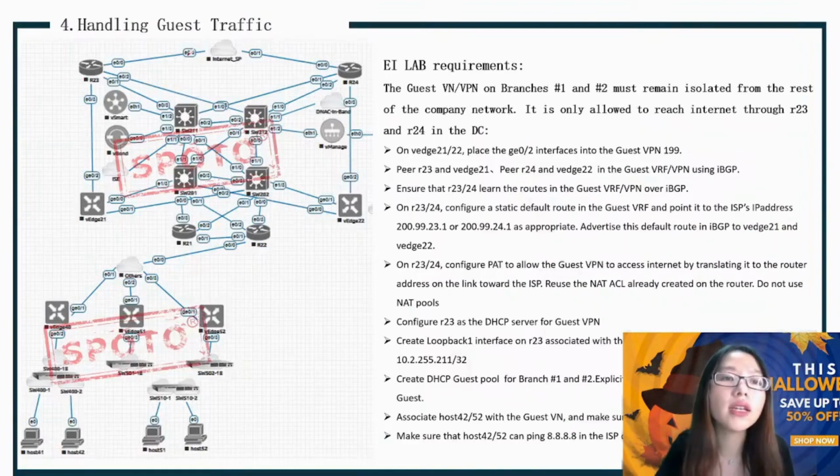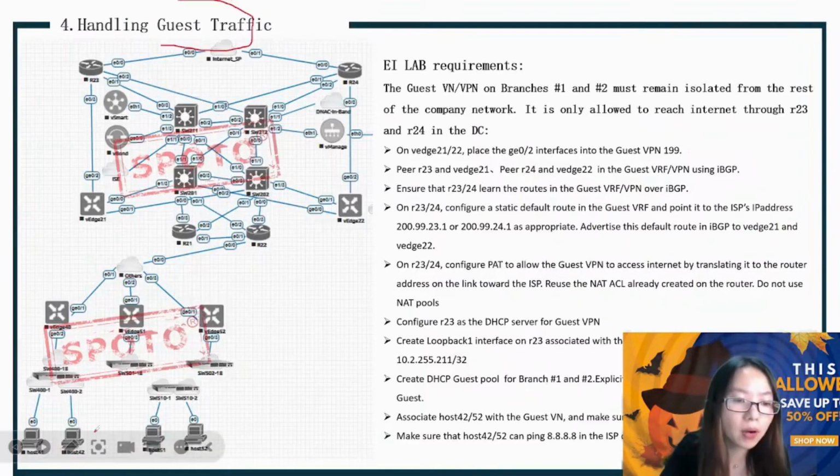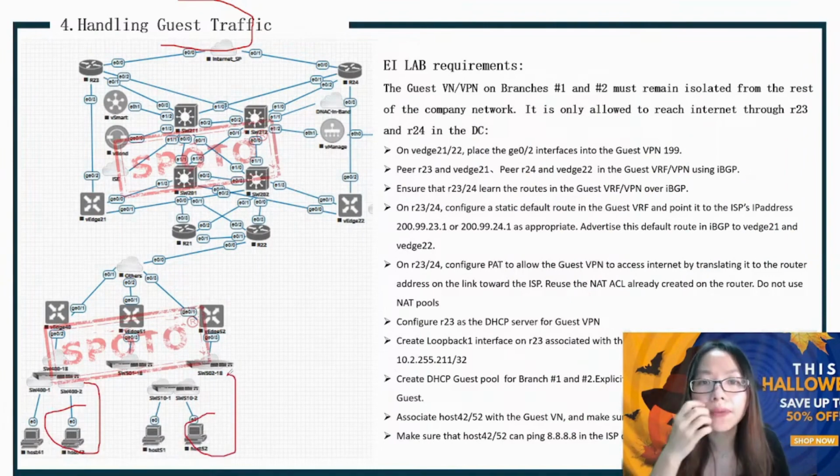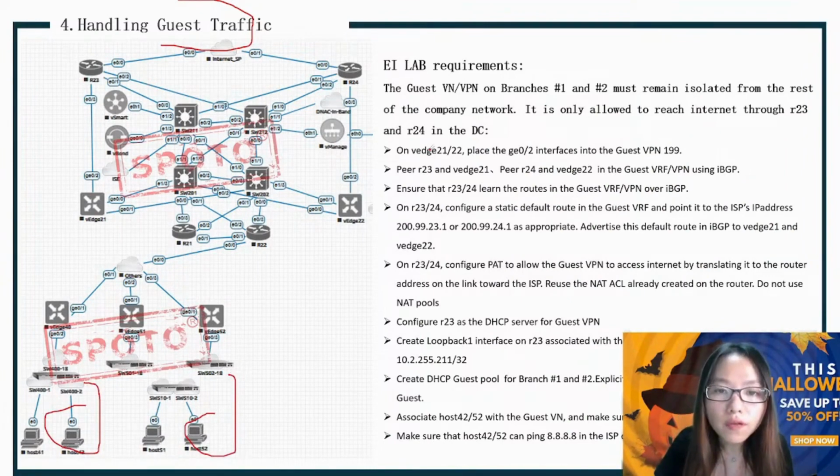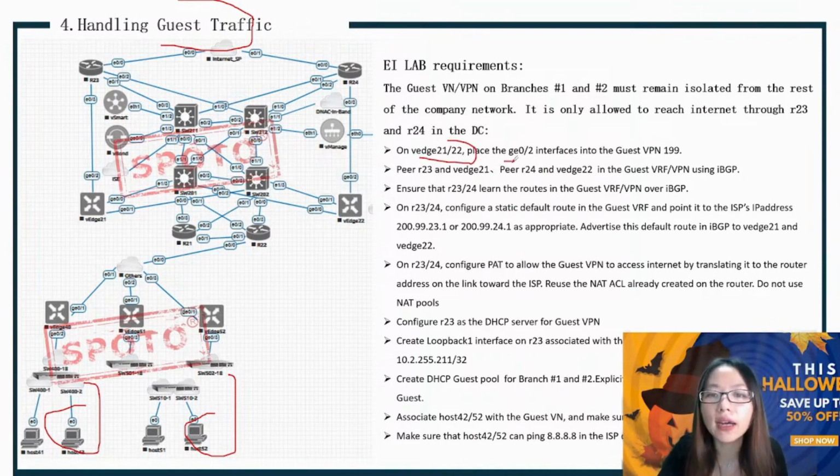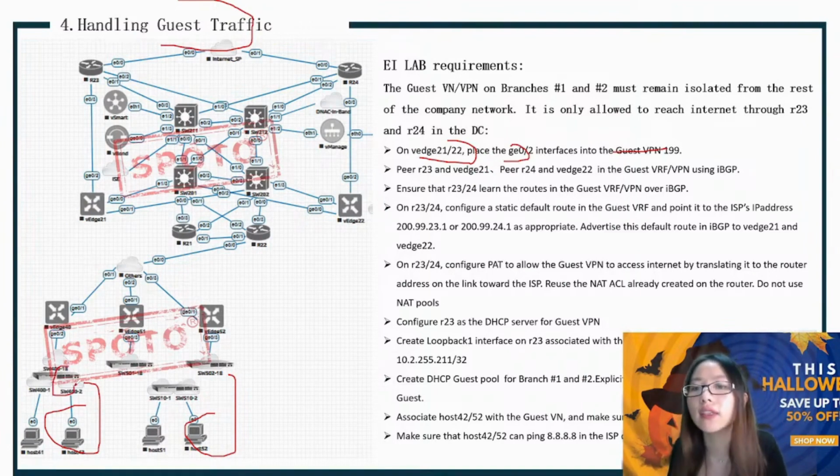So the last part is our guest traffic belonging to our host 42 and 52. So on VH 21 and 22, we need to place the interface into guest VN. So we just need to configure in the switch mode access, switch access VLAN 199.